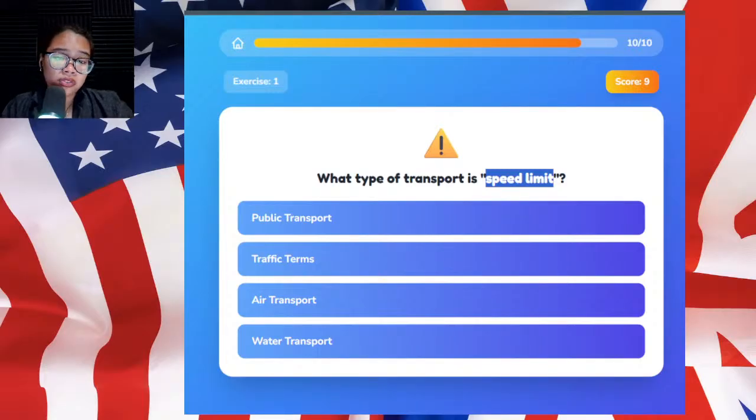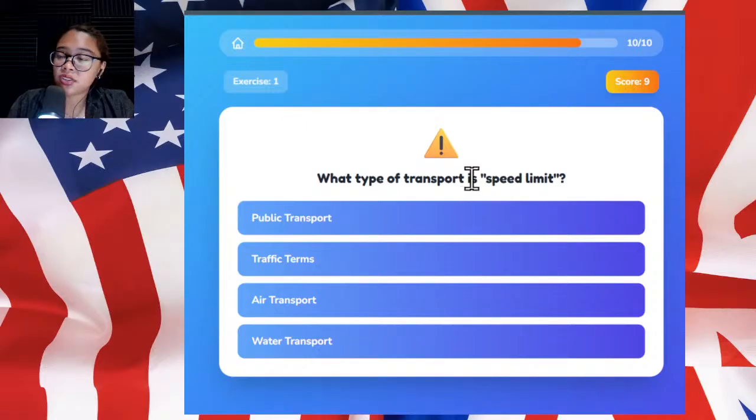The goal of speed limit is to balance the need for fast travel with the absolute necessity of safety. So that is speed limit, and that is not a transportation vehicle. So our answer would be traffic terms because that's the only one that's not pertaining to transportation vehicle.